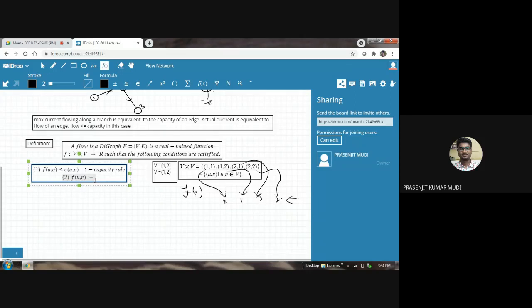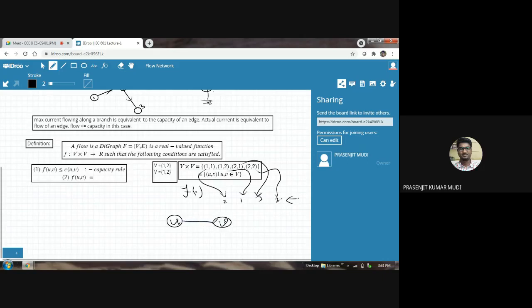So the value of flow of an edge u comma v means the flow from vertex u towards vertex v. So what do you mean by f of u comma v? This is a vertex, this is another vertex, this is vertex u, and this is vertex v.